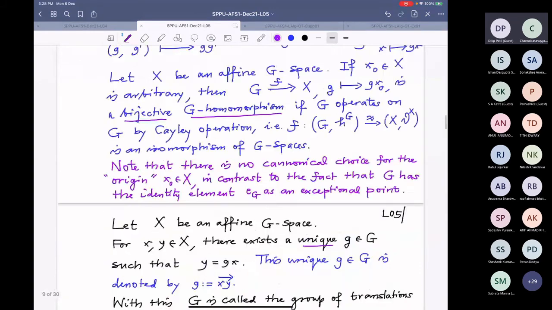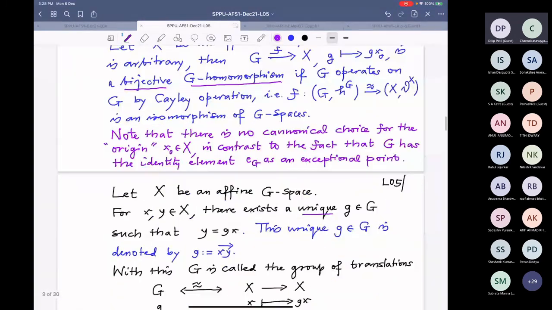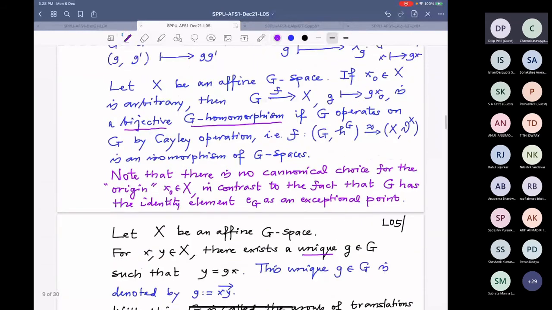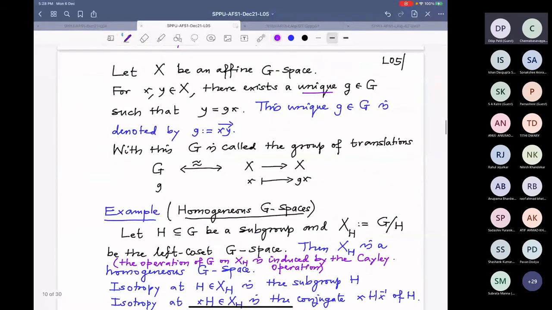So now I have to prove, what is it that I have to prove? Transitive. But before that, I made some remarks about these affine G spaces, which might help further notation. I would like also to choose a notation which we are familiar with in school geometry.